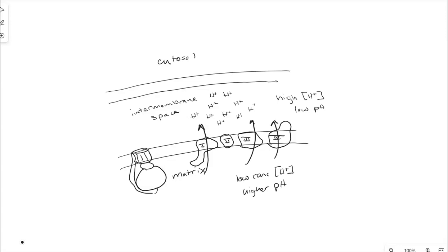But what's really important is that this high concentration of protons physically exits out of the intermembrane space, returning to the matrix side by flowing through this protein, and as it does that, it causes a physical turning of the protein, which causes conformational changes which converts ADP to ATP through physical motion.